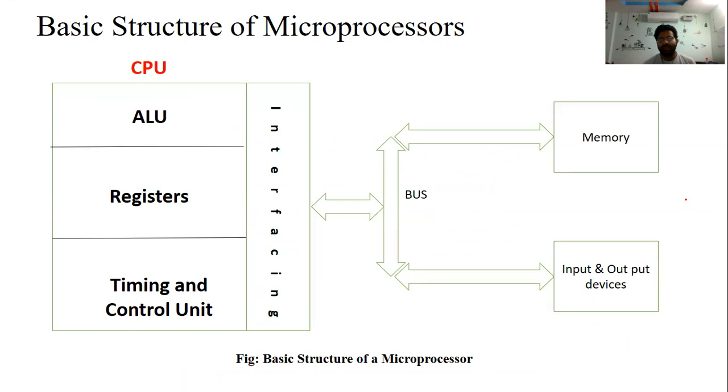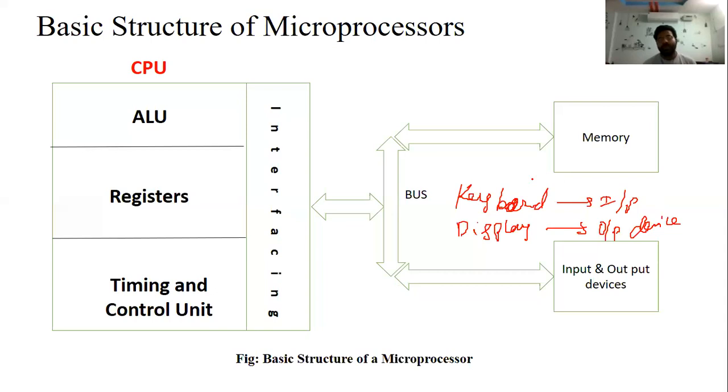The keyboard is the input device, and the display is the output device. Without the keyboard, you are unable to enter the program to the CPU or microprocessor.